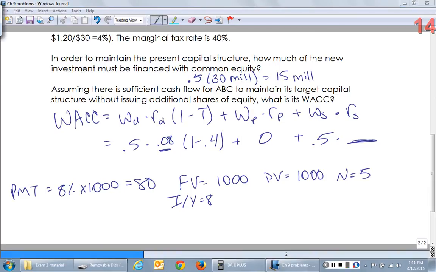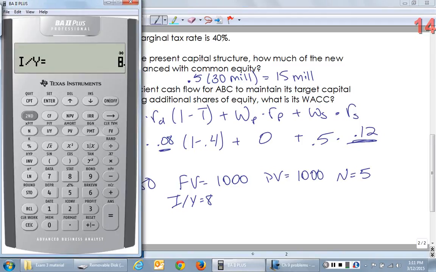And you're also given that in the problem. So the required return is also 12%. So now you can calculate this. You have each of the components. So 50% times the 8% times 1 minus the tax rate of 40% is 60%.